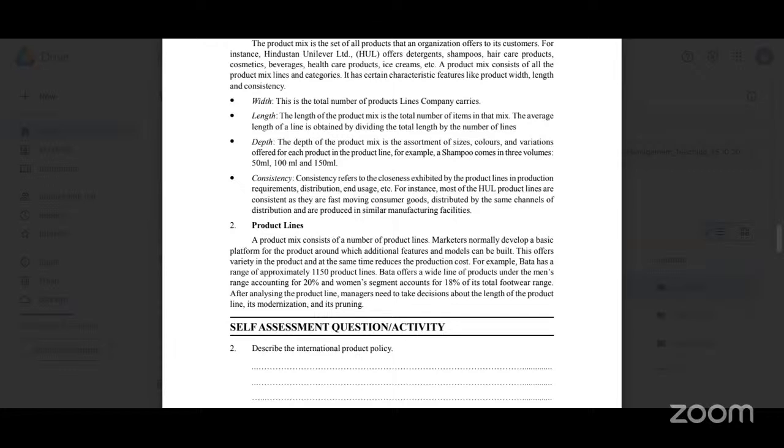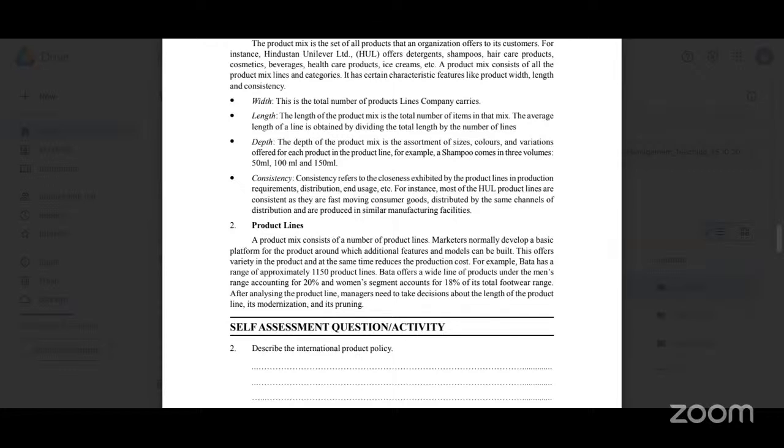So product lines. We were earlier looking at product mix. Now let us look at product lines. A product mix consists of a number of product lines. Marketers normally develop a basic platform for the product around which additional features and models can be built. So it offers variety in the product and at the same time reduces the production cost.